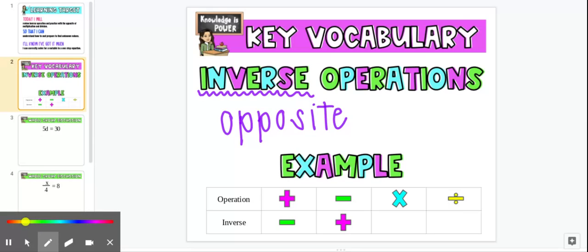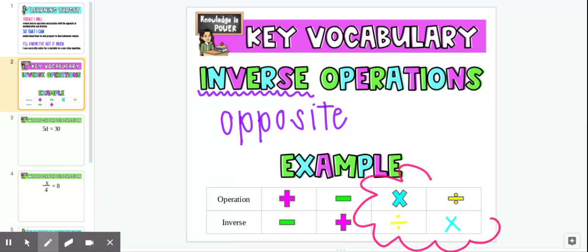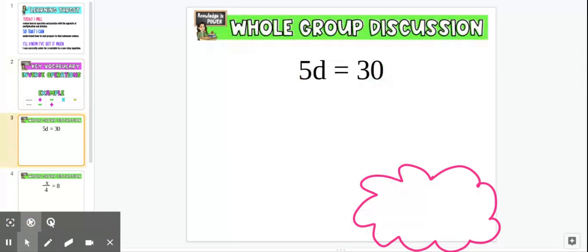The inverse of multiplication is division, and the inverse of division is multiplication. They kind of go hand in hand. So when we're working today, we are really focusing on these two operations and the inverses of them.